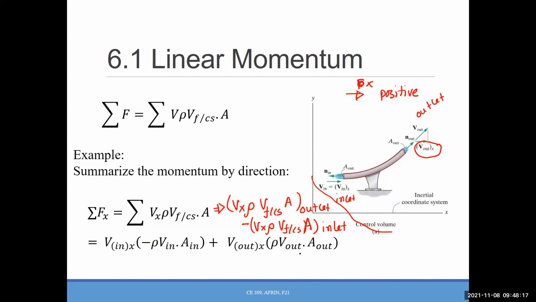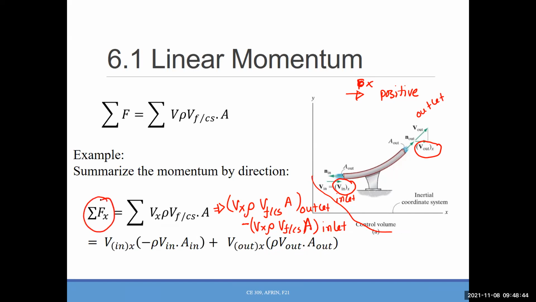You can see that, right? But for inlet, this V in is in a different direction. We'll work with that, but that can be the final summation of force in X direction. And now we need to know one more thing.